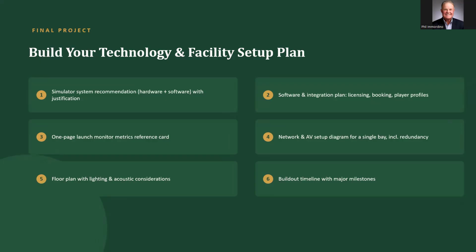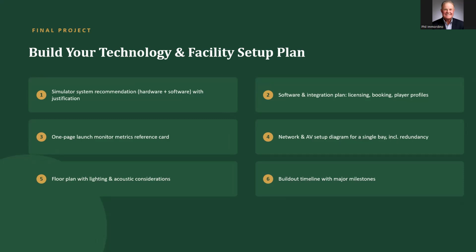To bring it all together, your final project is to build a complete technology and facility setup plan. This includes a simulator system recommendation, both hardware and software, with your reasoning behind it. A software and integration plan covering licensing, booking, and player profiles.